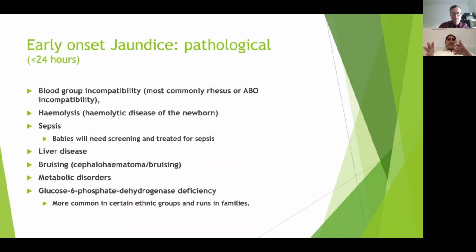And if forceps are used to deliver the baby, they might cause bruising and cephalohematomas, which can also cause breakdown of the red blood cells, and therefore an increased risk of jaundice. So that's also something to keep in mind. Babies might have different metabolic disorders, and also glucose-6-phosphate dehydrogenase deficiency. That's also something really important to look out for.